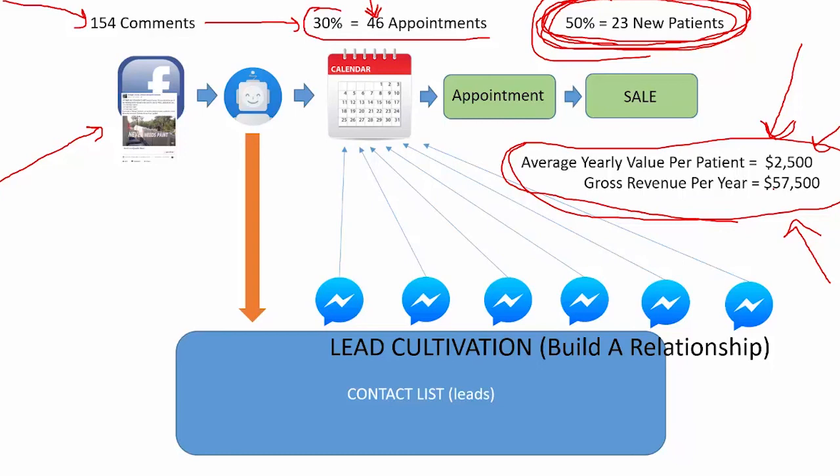I don't know what your care plans cost. I don't know what your particular practice does, but you can use this type of scenario and put in your own figures and your own numbers and get a rough idea of how much that would mean for you in your particular case.